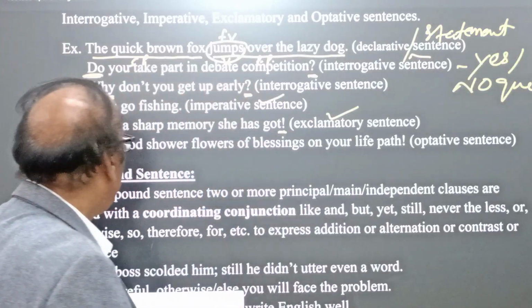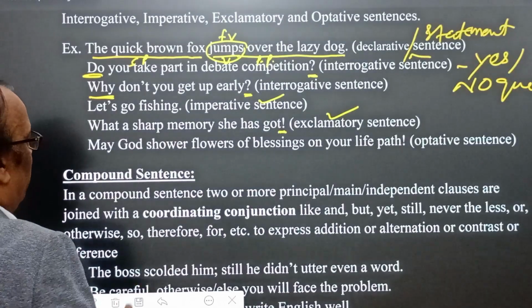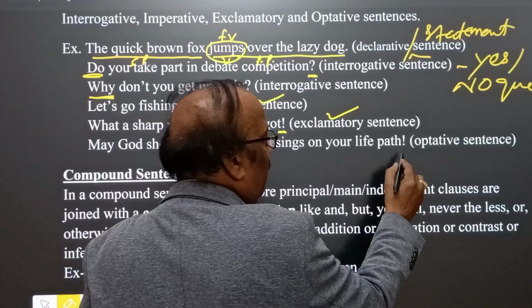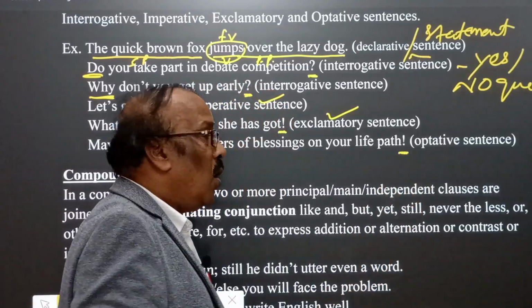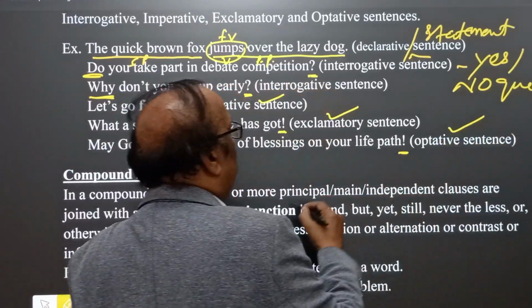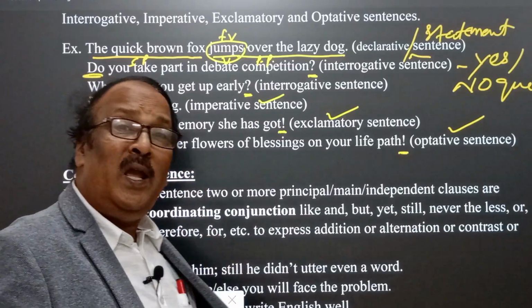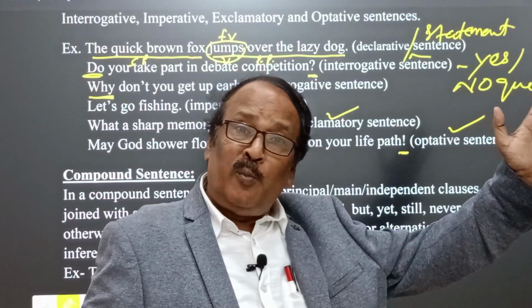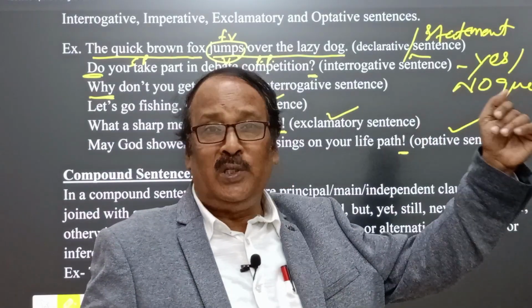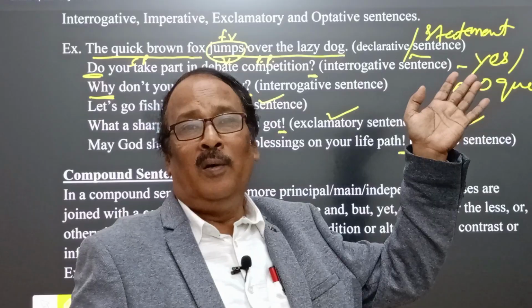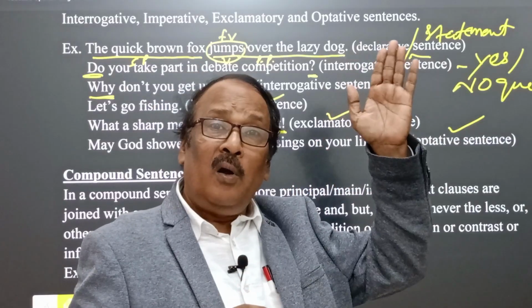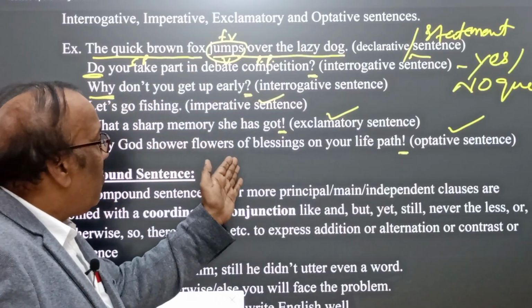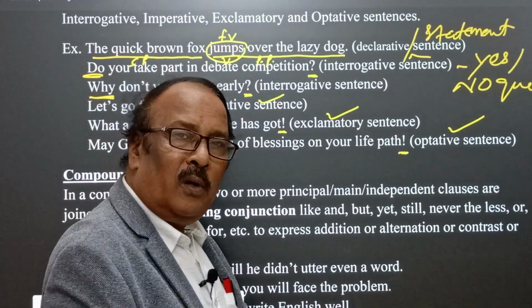Now come, may God shower flowers of blessings on your life path. Yes, this is an optative sentence, and here we find may God. It means our prayer for someone in a very positive manner. It is my prayer to God that He may shower flowers of blessings on your life path.